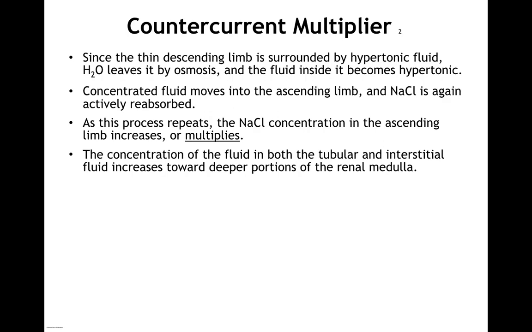The sodium chloride is again actively reabsorbed, and as that process repeats, sodium chloride concentrations in the limb increase or multiply. Concentration of fluid in both the tubular and interstitial fluid increases towards deeper portions of the renal medulla, which is why these need to have longer loops.